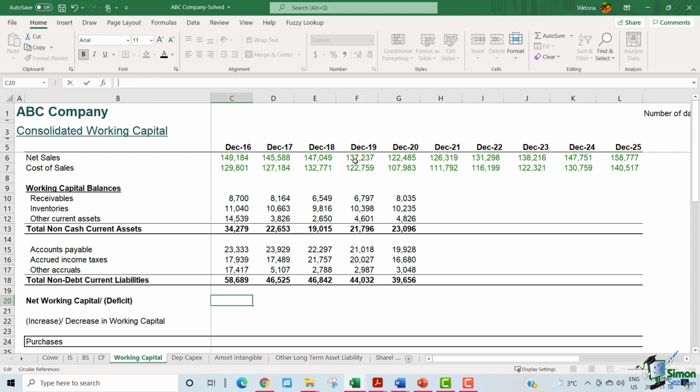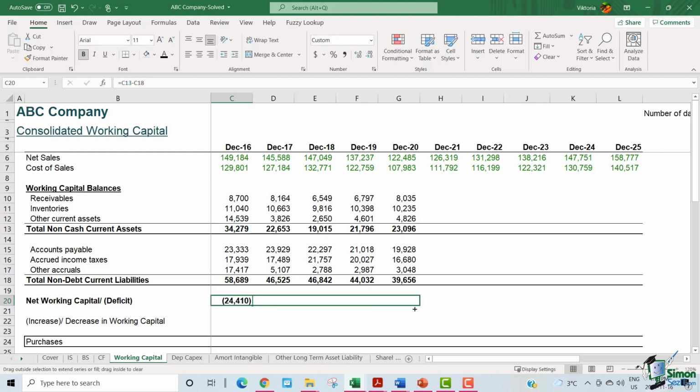As you recall, the formula for net working capital is current assets minus current liabilities. So using that formula, we'll calculate the net working capital. We drag the formula across because the methodology is the same.